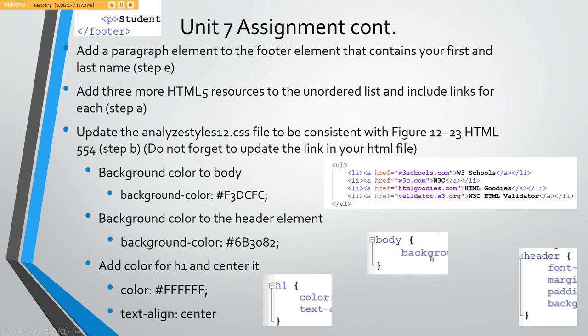This is partial code just to show you that the H1's already there. I'm not sure if the H1 is there, but the body you need to give a background color, the header you need to give a background color, and the H1 you're going to do color and text-align center.